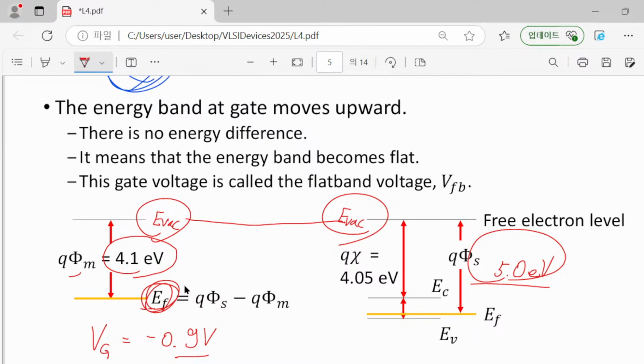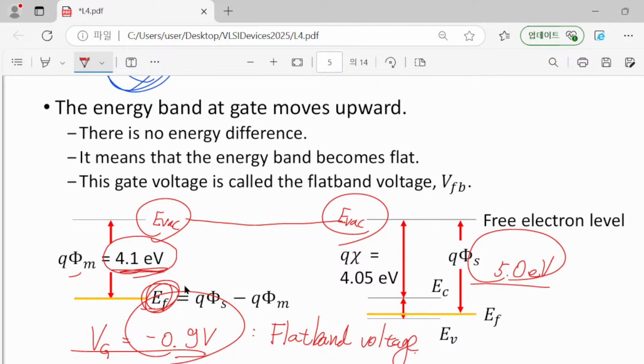So usually, if we have this kind of configuration, the metal work function quite close to 4.0 eV, and silicon work function quite close to 5 electron volt, then usually the bias condition to match the vacuum level is about this number, and this condition is called the flat band voltage.